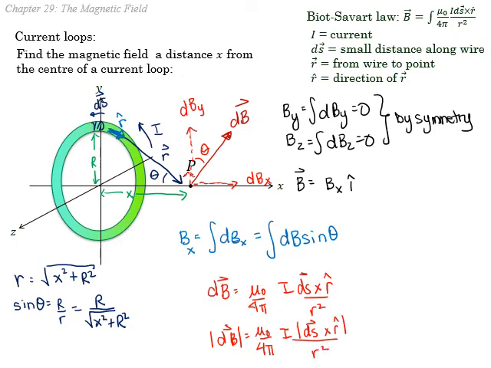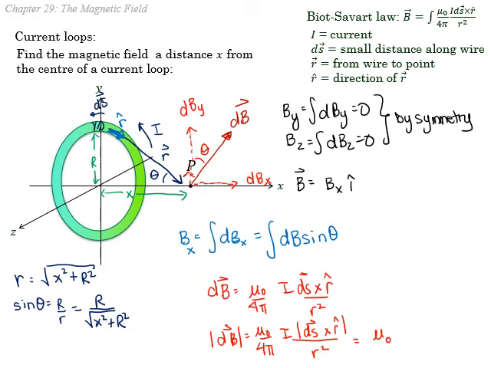The magnitude of ds cross r hat is the magnitude of ds, that's just ds, times the magnitude of r hat, that's just 1, times the sine of the angle between them, and that's 90 degrees. And we covered that in a previous slide. So the magnitude of ds cross r hat is just ds.